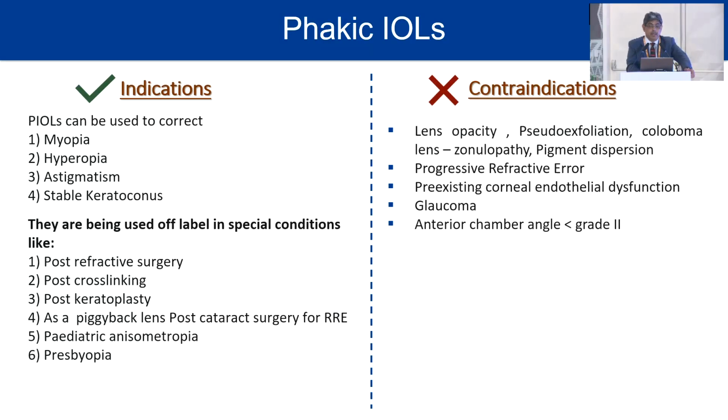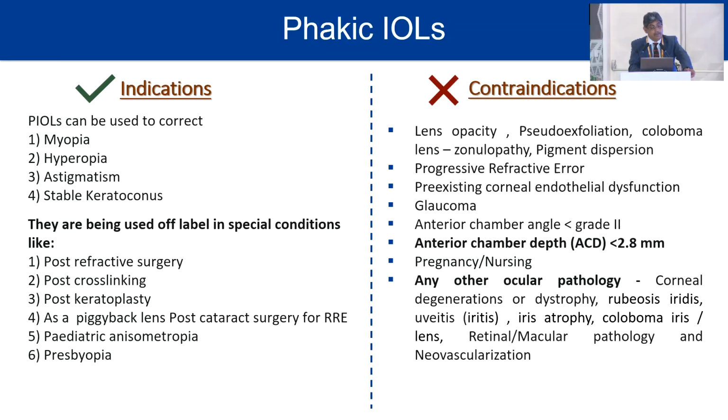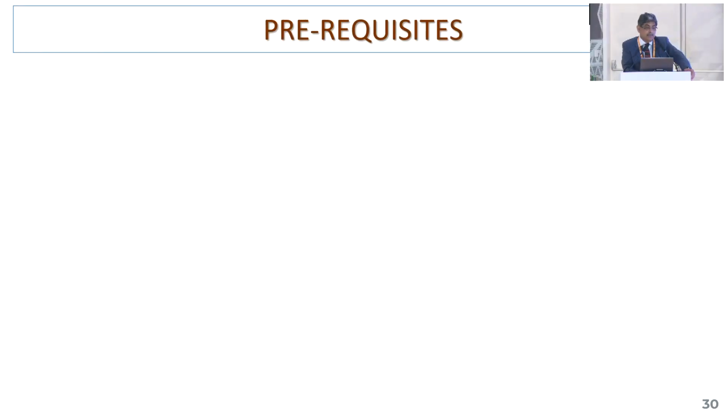Angle chamber is less than grade 2, and anterior chamber depth is also less than 2.8 millimeter, then we should avoid it. And in pregnant and nursing mothers, and other than this, corneal degenerations or dystrophy, rubeosis iridis, uveitis, iris atrophy, coloboma, lens, retinal or macular pathology, and neovascularization of the iris or the retina. In such cases, this should be avoided in any case.